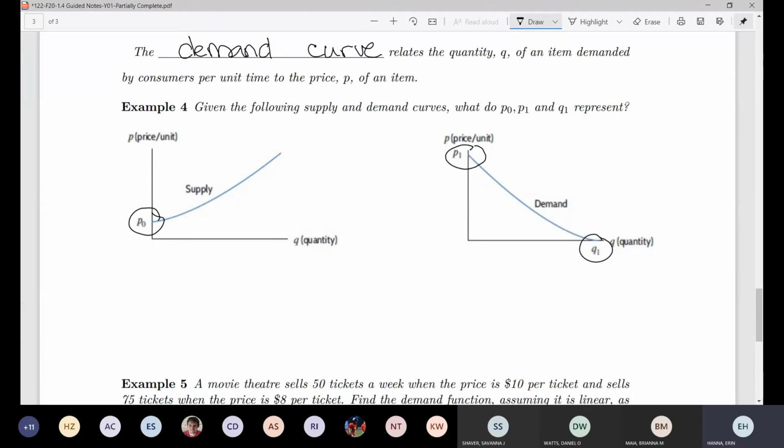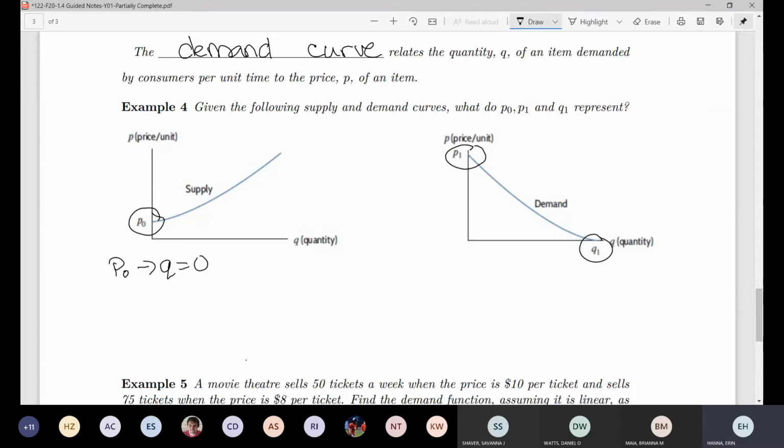So let's say I wanted to interpret this P naught. Well, let me think about what that is. I don't have any actual values for price here. But if you think about it, this is telling me that Q is 0, right? Because that's the y-intercept. That's when Q is 0.